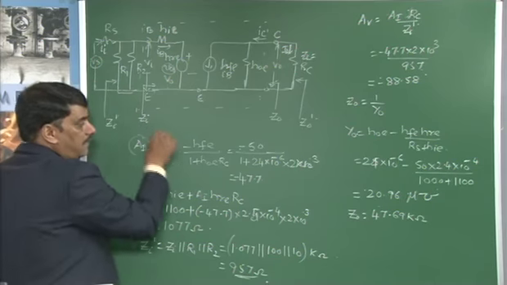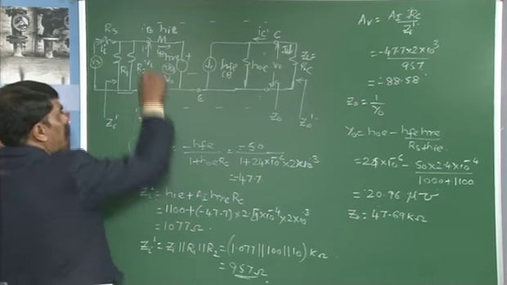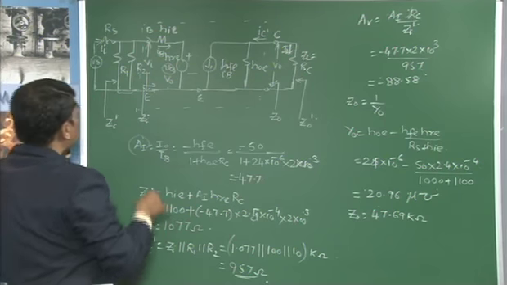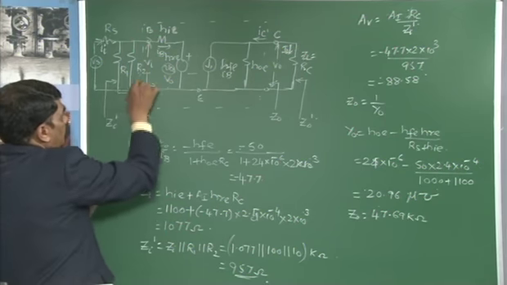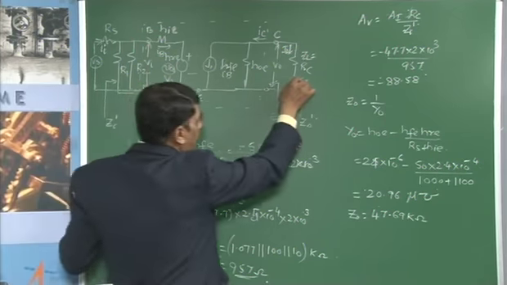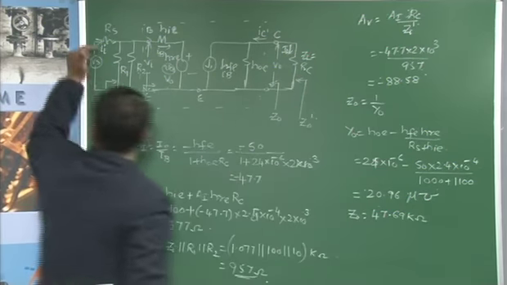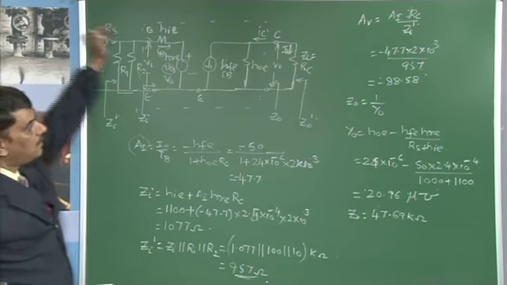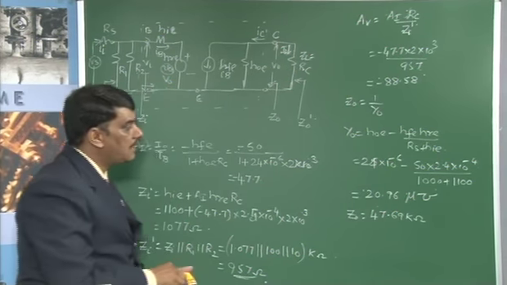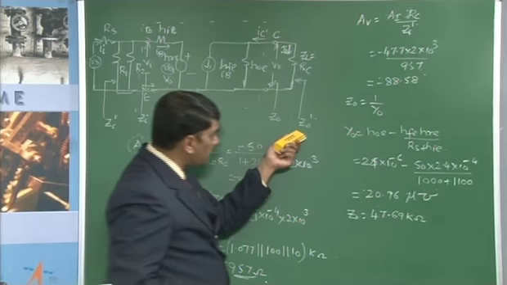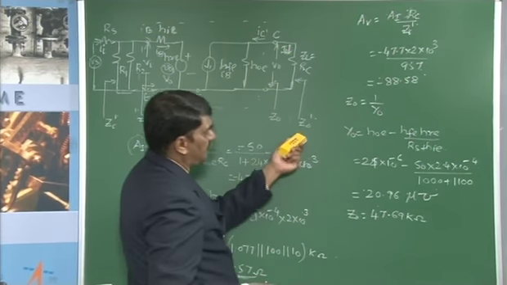If you are finding these various gains, this is with respect to the transistor amplifier without considering the source resistance RS and the external component RC. To determine the voltage gain and current gain while taking the source resistance RS and the load resistance RC into account, from this circuit, Z0 dash is defined as follows.